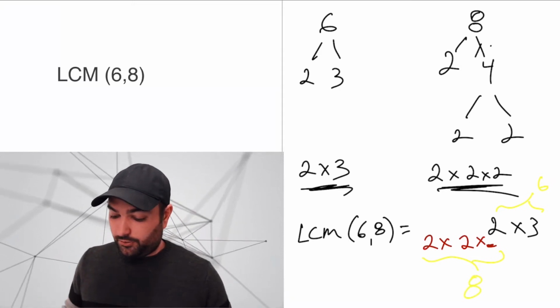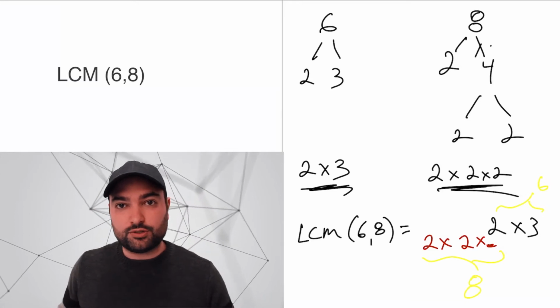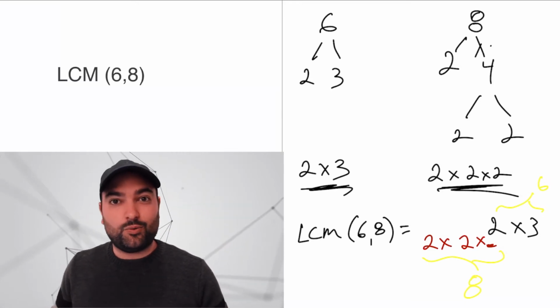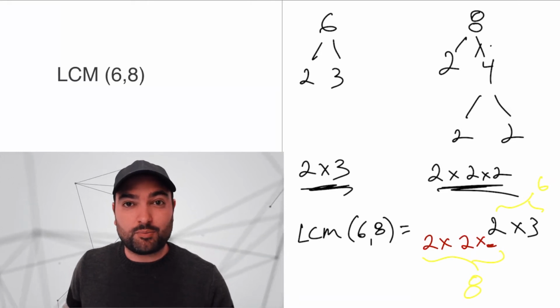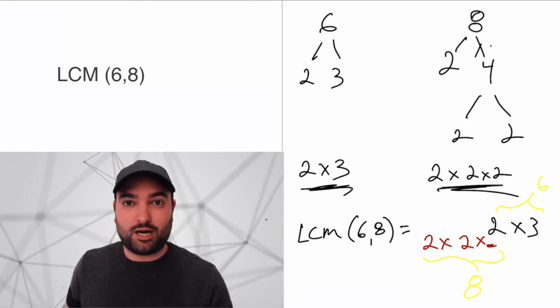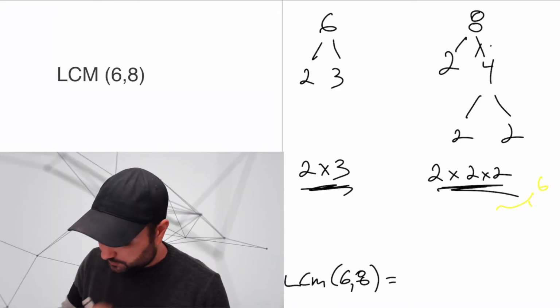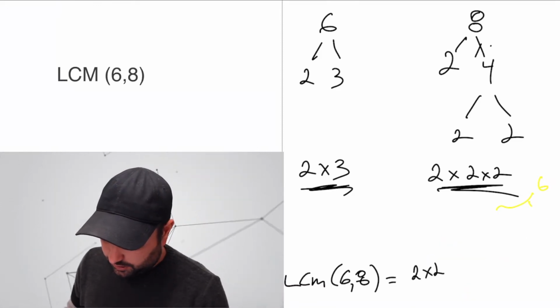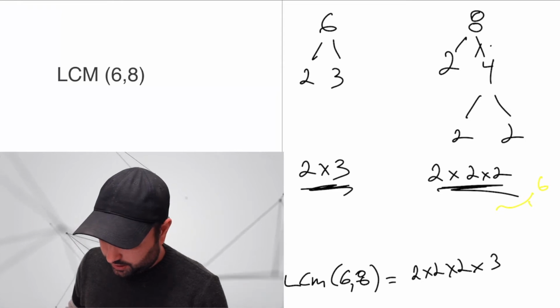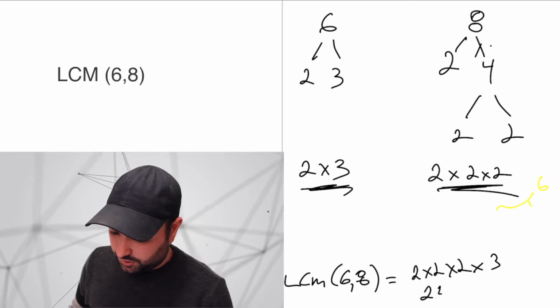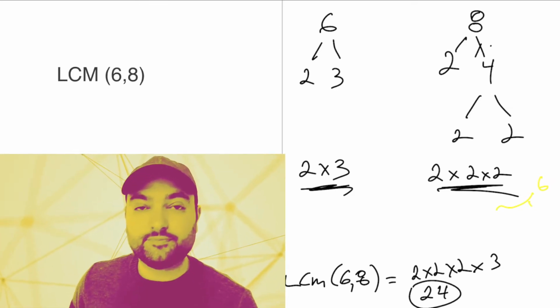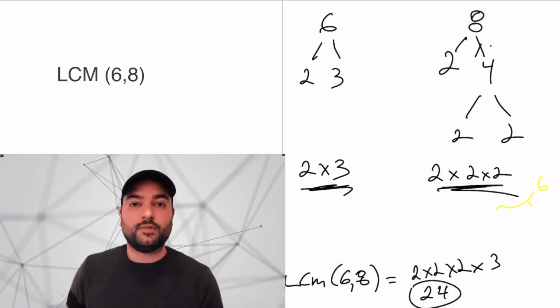So we know that whatever number 2 times 2 times 2 times 3 is will be a common multiple of both 6 and 8, and not only will it be a common multiple, it will be the smallest common multiple, or least common multiple. 2 times 2 times 2 times 3. Now 2 times 2 is 4, times 2 is 8, times 3 is 24. And that is how you use prime factors to get to the least common multiple of two numbers.